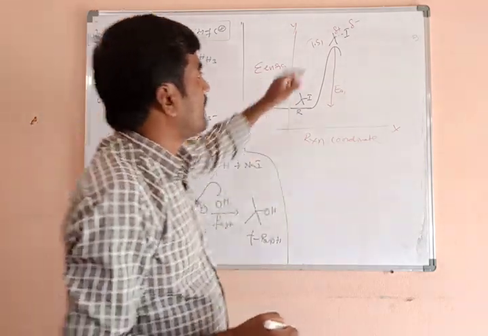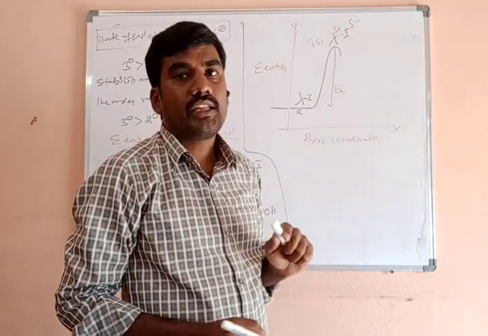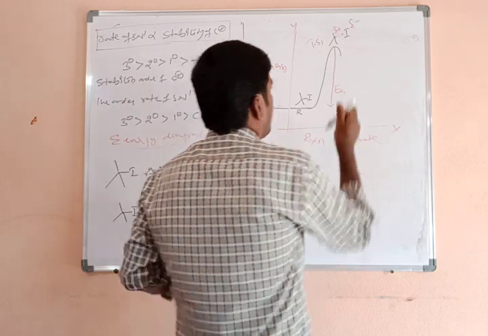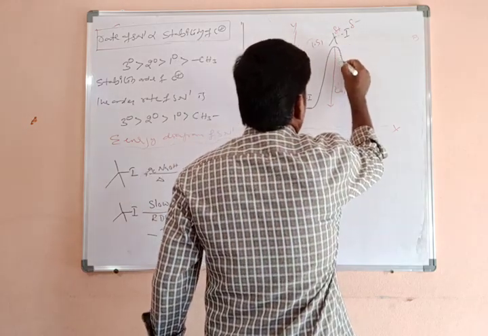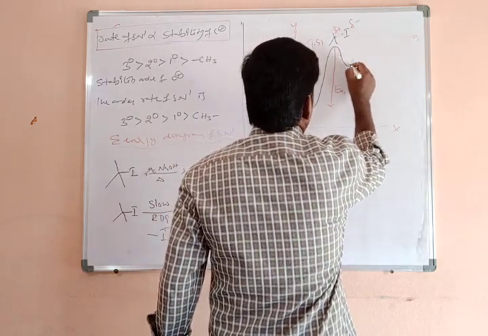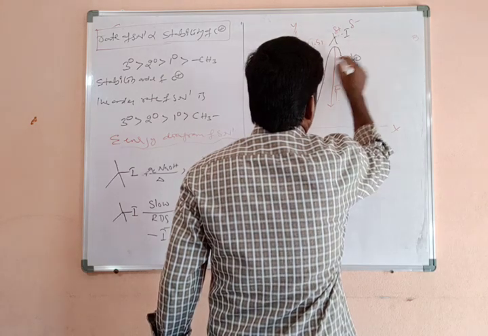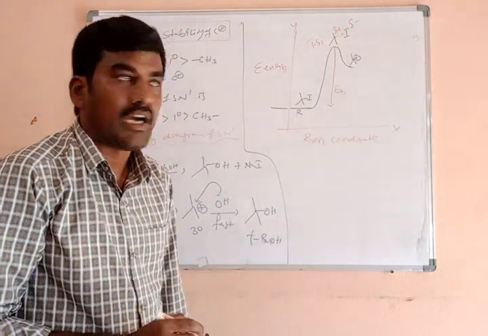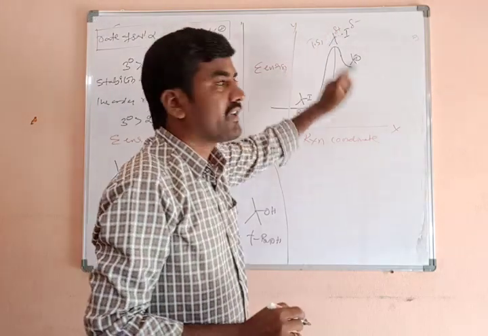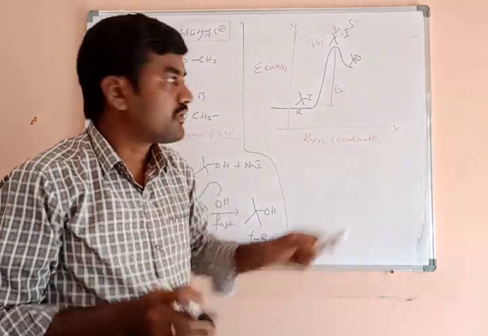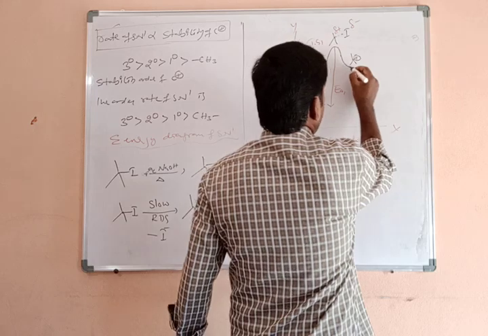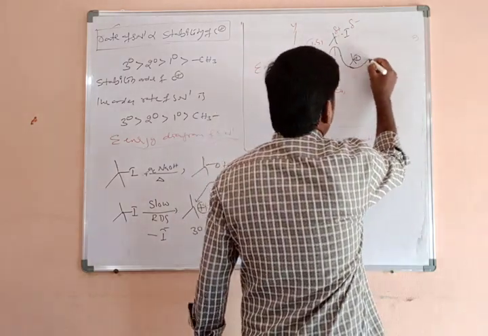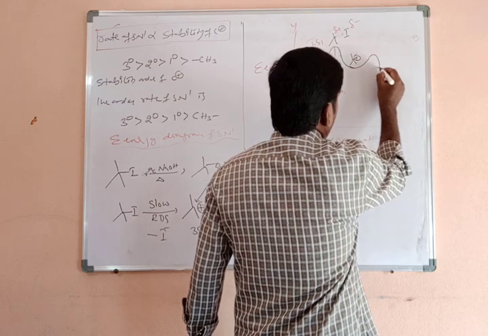At this moment, the alkyl iodide is highly unstable, and it is converted into an intermediate, a tertiary carbocation here. Clear? After getting some amount of energy, cleavage of the bond between carbon and iodine takes place to form the carbocation as an intermediate, and this carbocation is also highly unstable, and it reacts with the nucleophile.